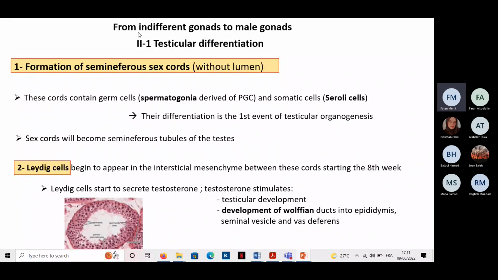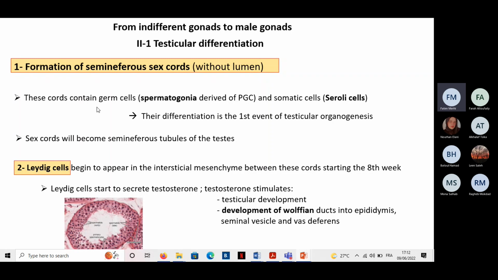Now, what are the steps in the development of the male gonads, of those testes? The first step of the male gonad development is the testicular differentiation. The first step in the testicular differentiation is the formation of the seminiferous sex cords.